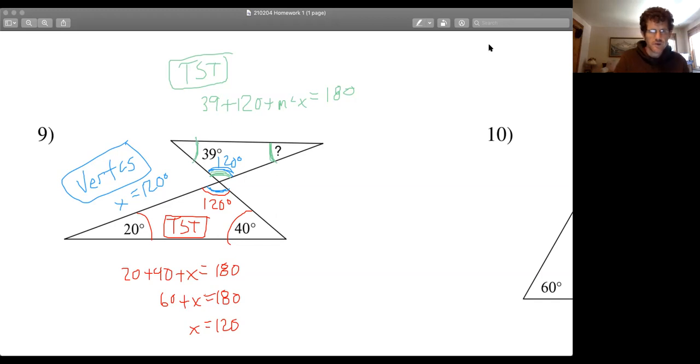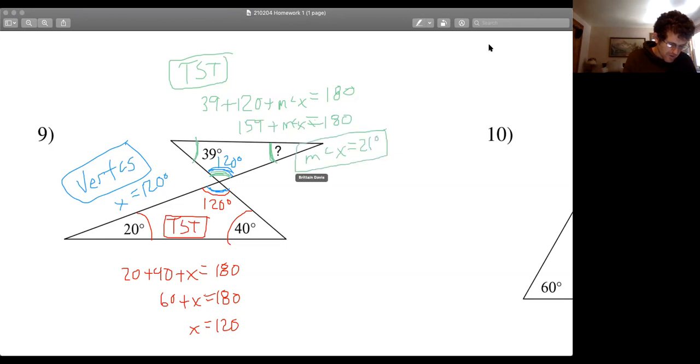All the angles have to add up to 180. So when I add this together, that's 159 plus the measure of angle X. Now if I subtract 159 from both sides, the measure of angle X is going to be 21 degrees. Put my box around that. So there's my final answer.